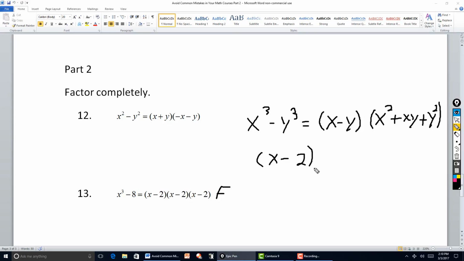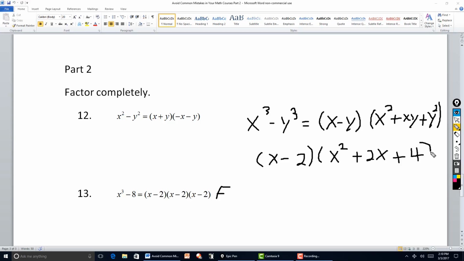And then the other factor should be the square of the first root, the square of the first one, plus the product of the two roots. So 2 times x is 2x, plus the square of the last root, or the second root. So this would be 2 squared is 4. Okay.